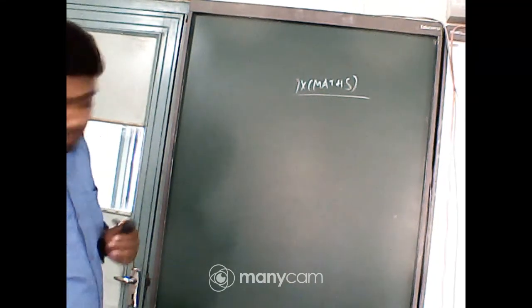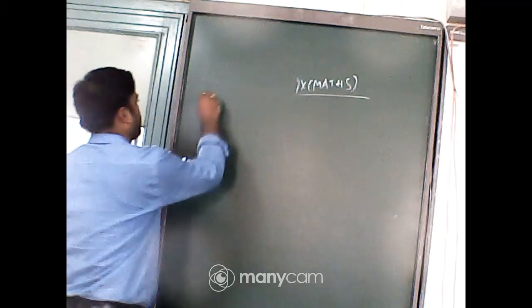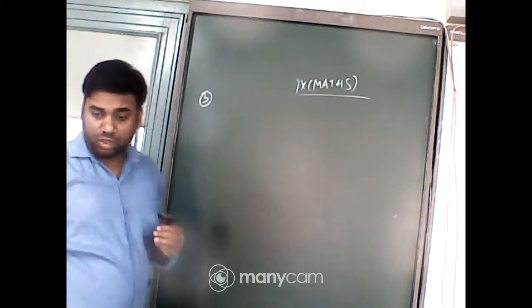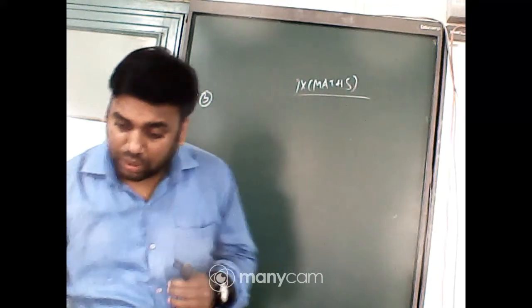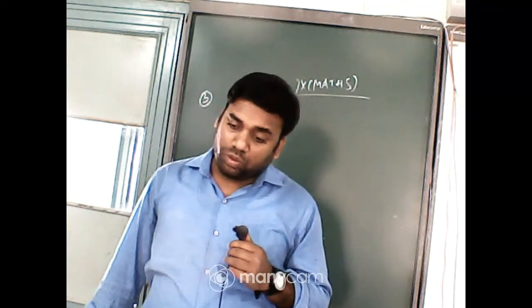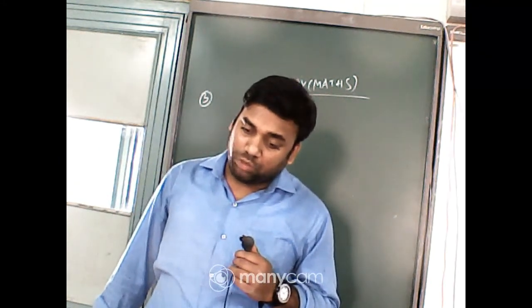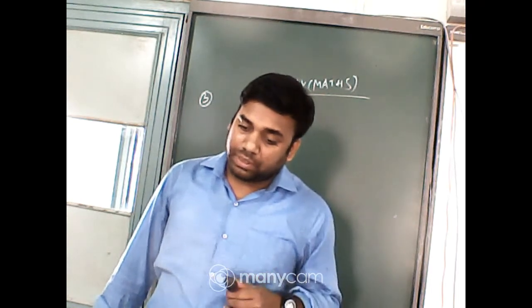Okay, question number 3. Listen to the question, I am not writing it. The height of a cone is 15 centimeter, if its volume is 1570, find the diameter of the base.